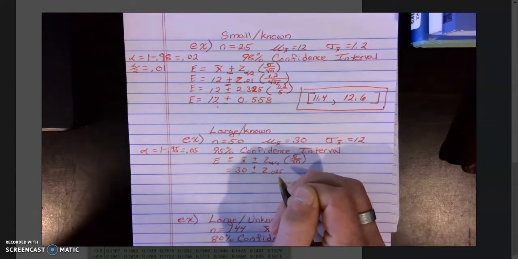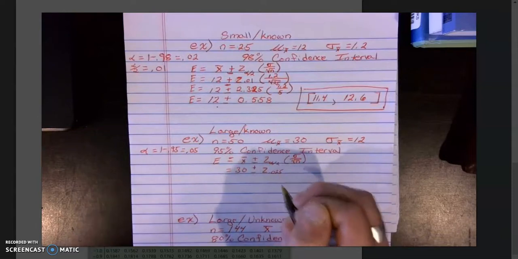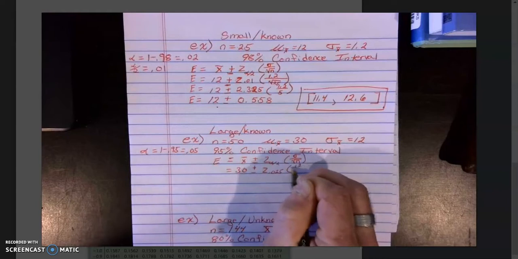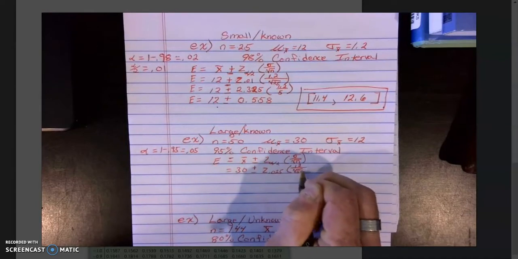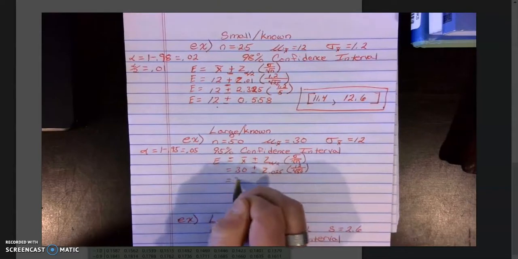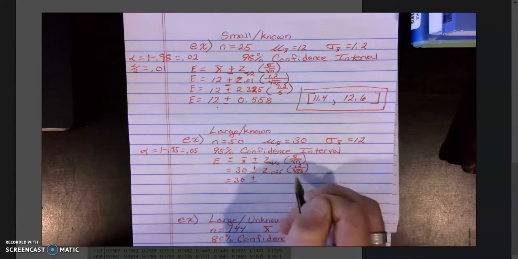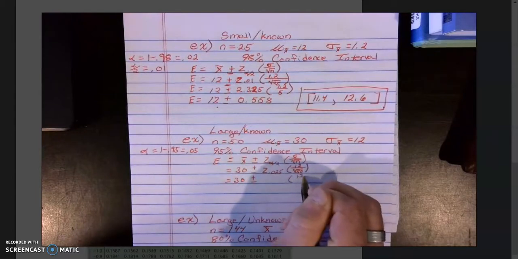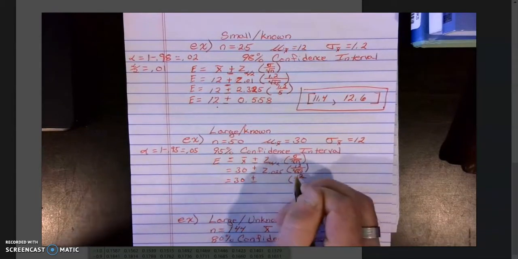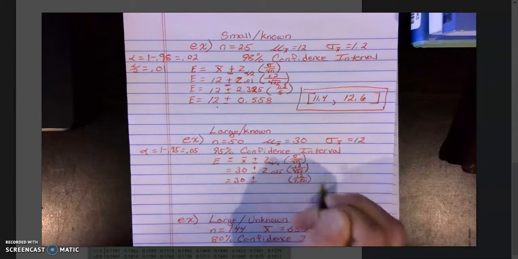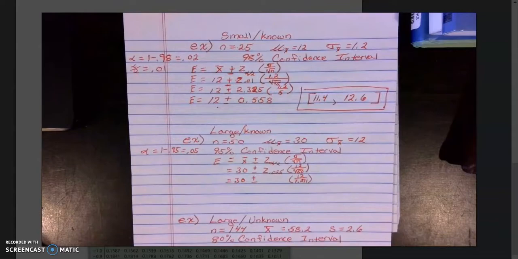And if we were to go ahead and take a look at that on the chart, we're going to get to that in a second, but 12 square root of 50, okay? Down here we're going to have 30 plus or minus. And now what I'm going to do is I'm going to jump to the chart right now just to show you one more time. So the square root of 50 is going to be 7.071, and we're going to jump to that chart right now.